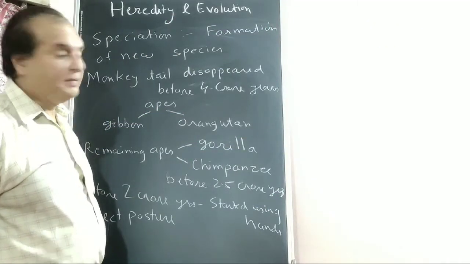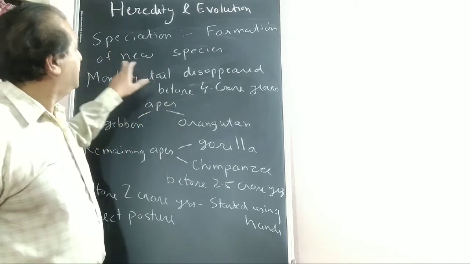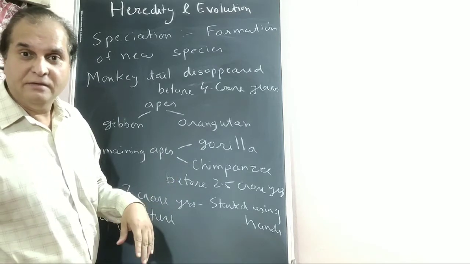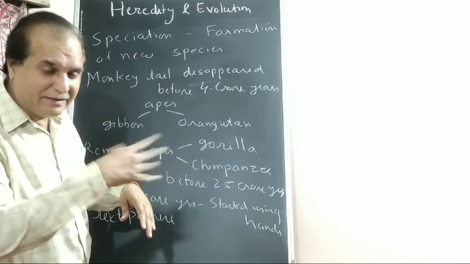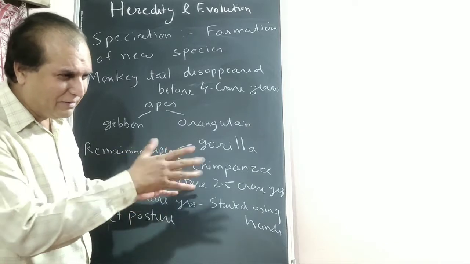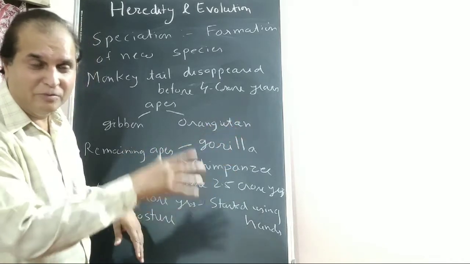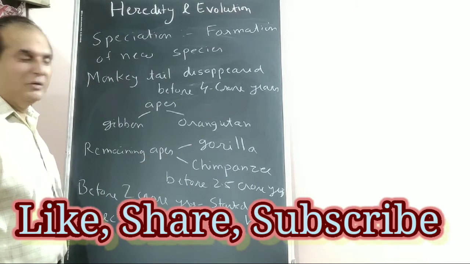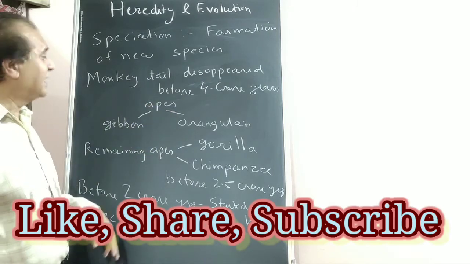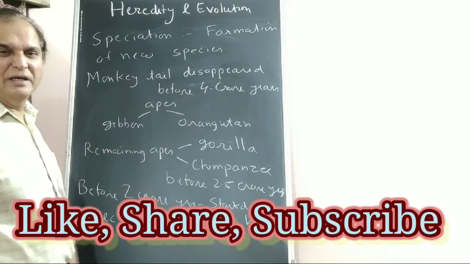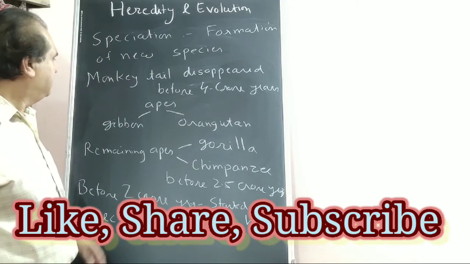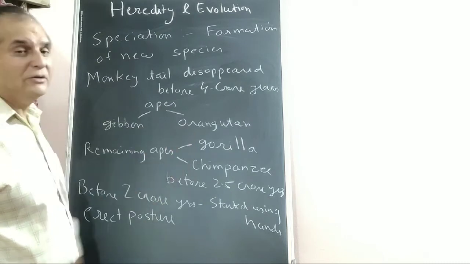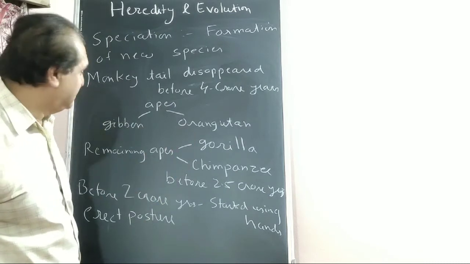Then speciation started. Formation of different new species, they started living separately. They tried to recognize our own group and that is not our group. They are different. This way speciation formed. So 4 crore years ago, monkey tail disappeared. Then apes divided into gibbons and orangutans, 2 species.